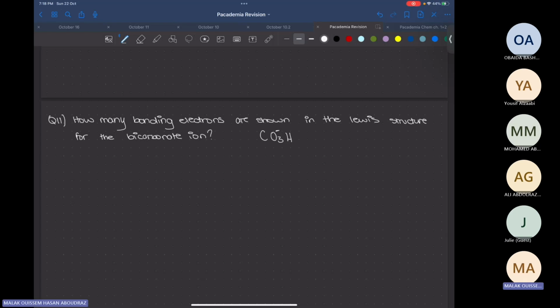Does anyone know, or do you guys want me to draw it out for you? Draw it out, please. Okay, so this is how the structure is going to look like. Am I missing any lone pairs or no?